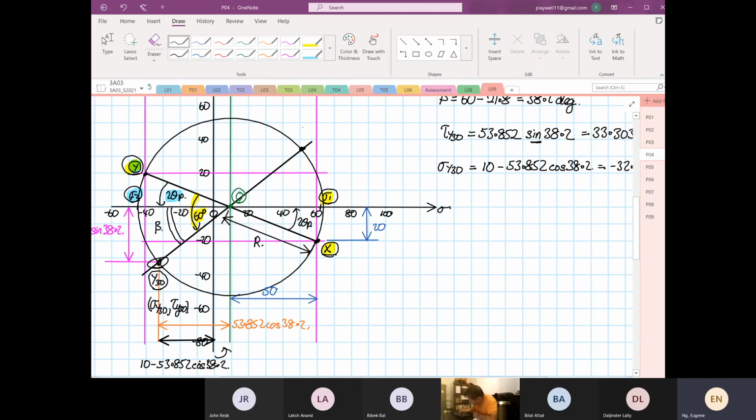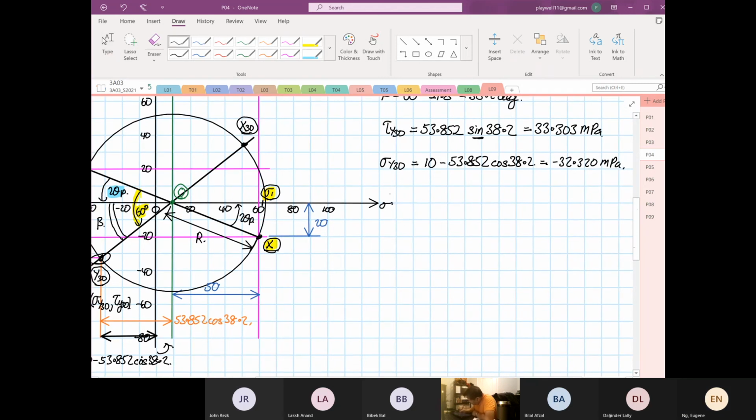When that's the case, you can also find the point directly opposite. I will call it x30. So stress x30 is equal to, because it's on the right-hand side of the center of the circle, 10 plus 53.852 cos 38.2.